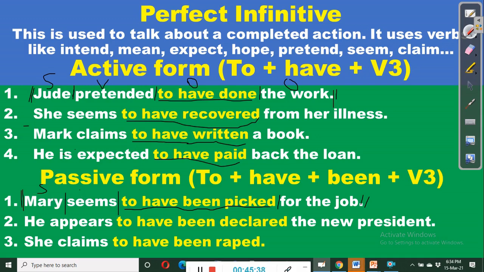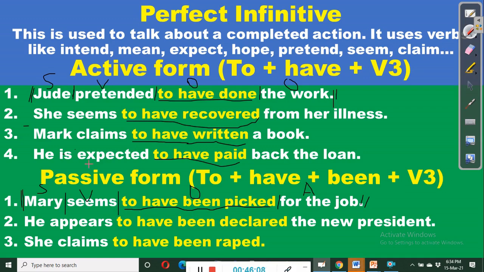Mary is the subject. Seems is the verb. To have been picked is the object. All right. So for the job, of course, is the adjunct. All right. So here, Mary seems to have been picked for the job.